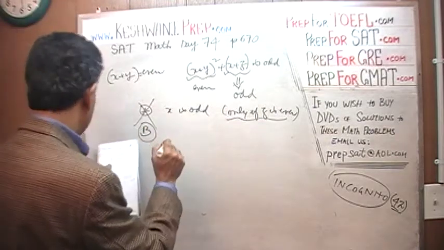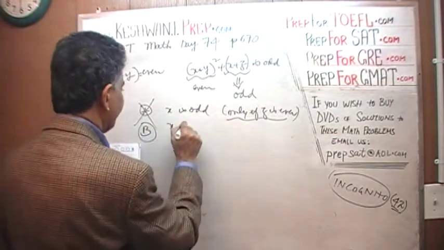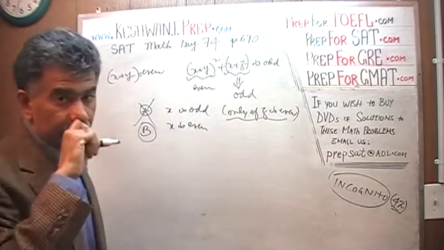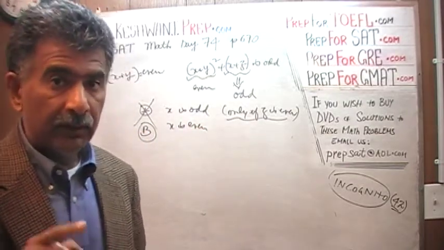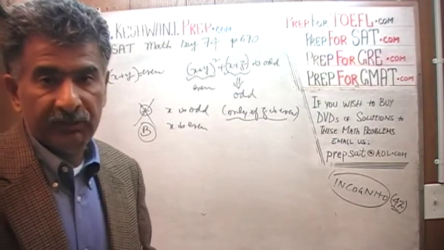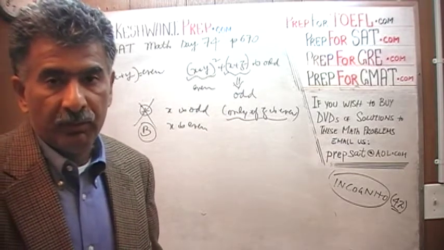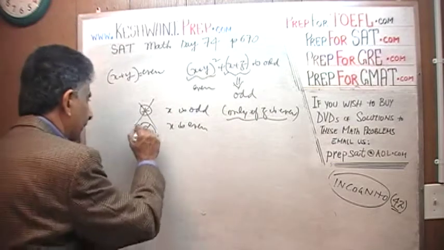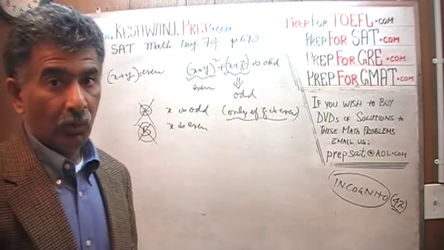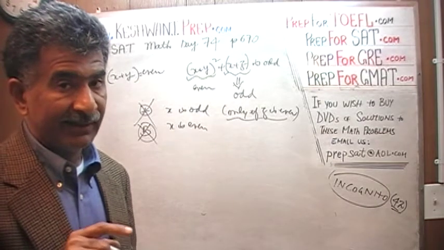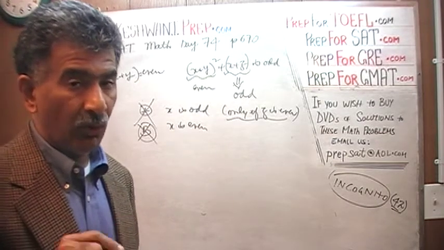Answer choice B says x is even. Again, we do not know that for a fact. x could be even if z happens to be odd. But since we are told nothing about z at all, the second statement is also something that is not necessarily true. We cannot say that answer choice B is wrong.